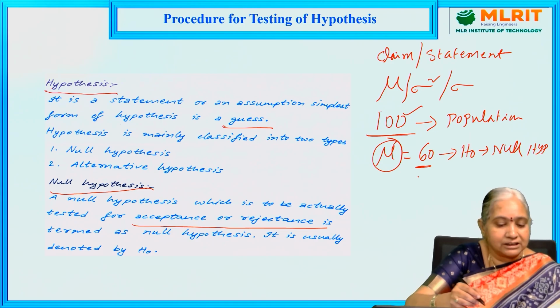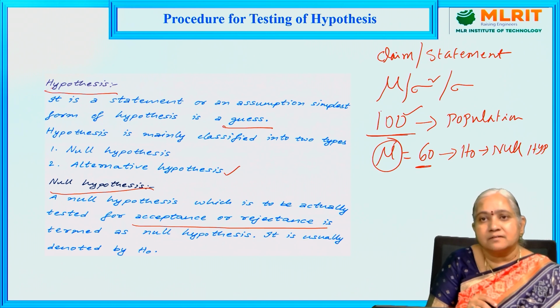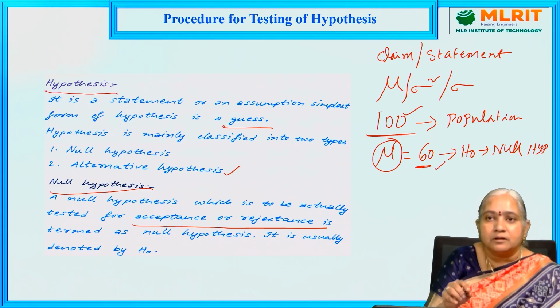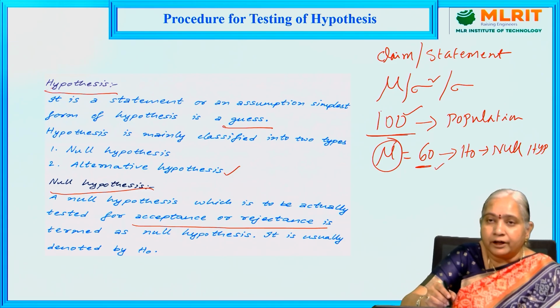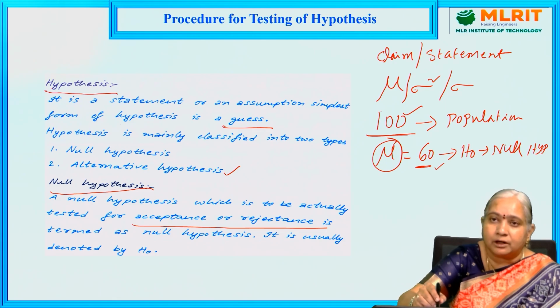So the second step is the alternative hypothesis. Suppose based on the sampling theory, we are accepting the null hypothesis H0, mu equal to 60. Then we give the conclusion, we accept the null hypothesis H0, mu equal to 60, which is the average mark of the class, and this conclusion is given based on the sampling study.